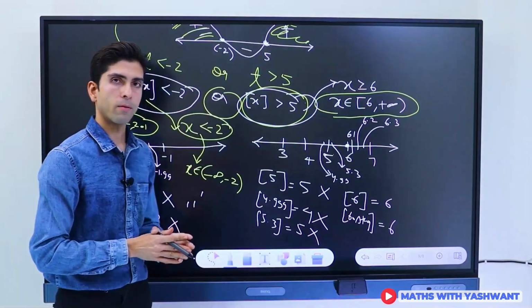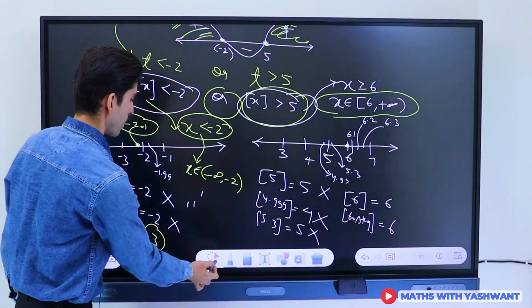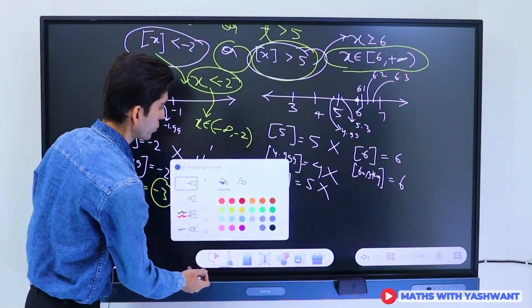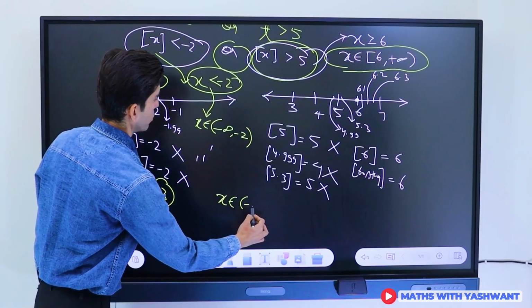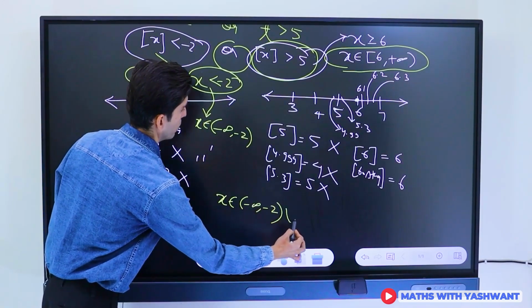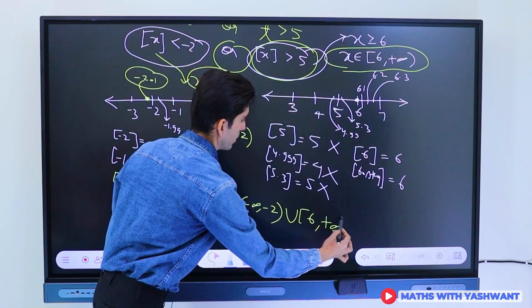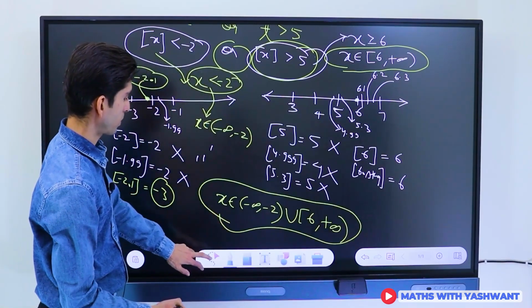When there is OR, we have to take union, and when there is AND, we have to take intersection. So our final answer will be the union of these two solutions. So x belonging to minus infinity to minus 2, union 6 till positive infinity. This is the domain for our expression.